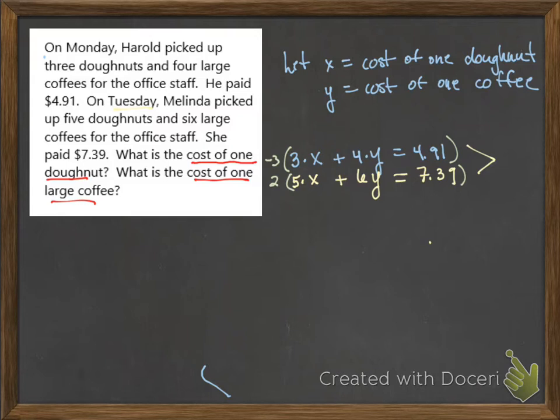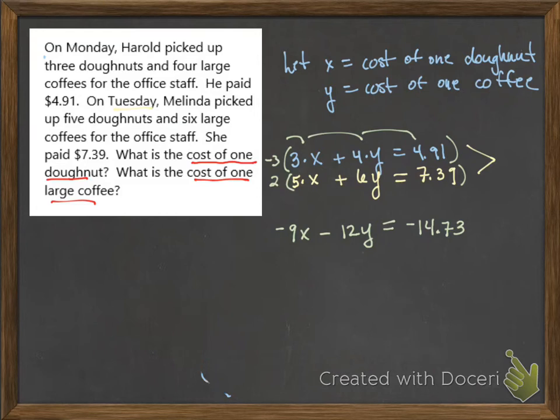I'm going to distribute the -3 to all the terms on top, and that leaves me with -9x minus 12y equals, and if I pull out my calculator and multiply 491 times -3, I get -1473.